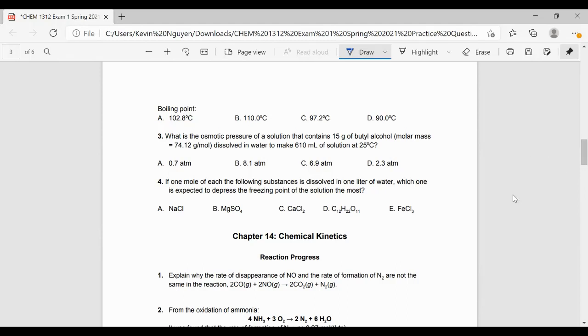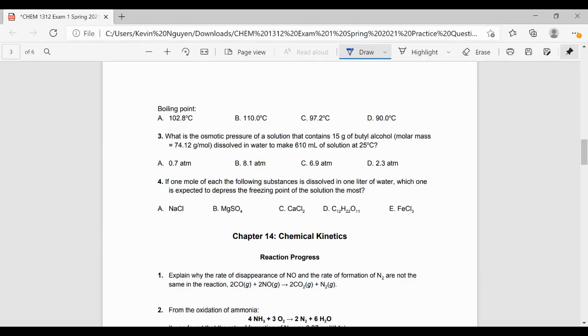Okay, so the osmotic pressure formula, if you guys remember, is osmotic pressure is equal to the concentration of the solution times the gas constant R times the temperature in Kelvin.